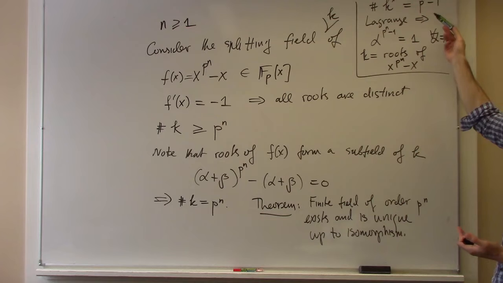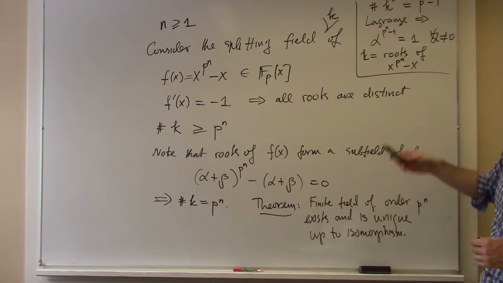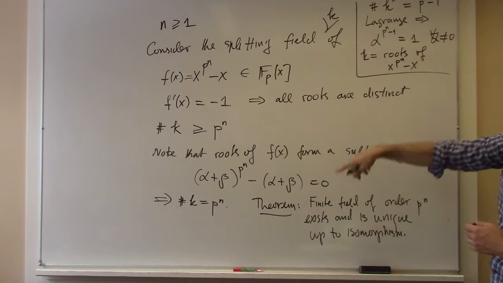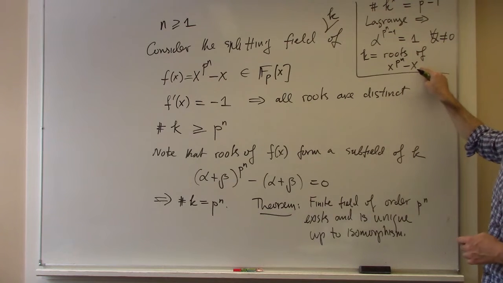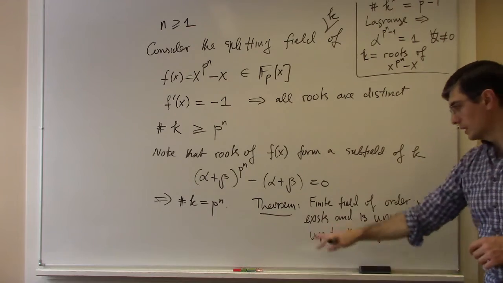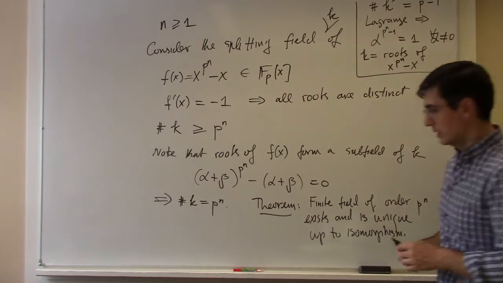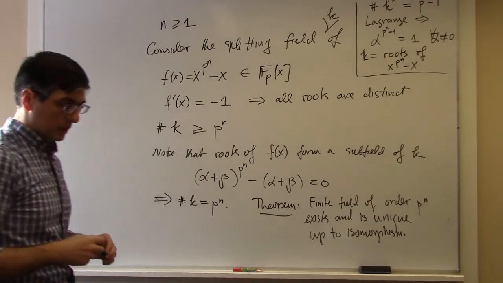So not only does it have order p^n, but it is unique up to isomorphism. And then by reversing this argument, you look at the splitting field of this polynomial, you conclude that there is a field of that order. So the conclusion is that the finite field of given prime power order exists, and it is unique up to isomorphism.